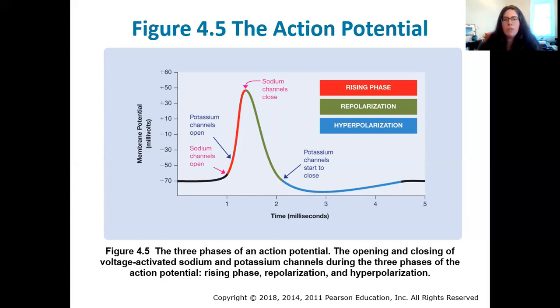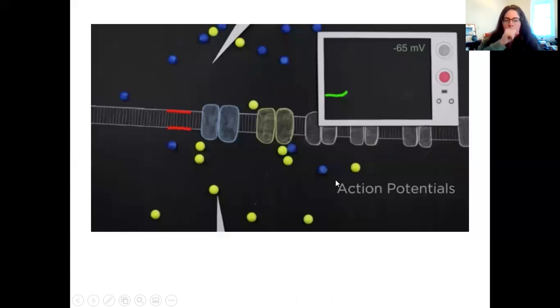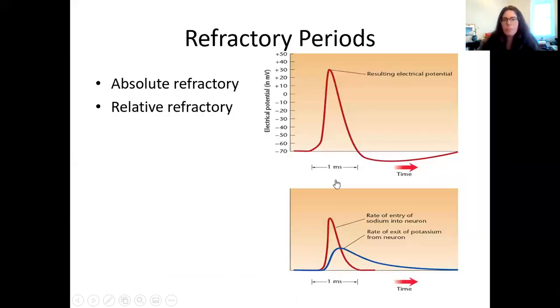This takes a little bit of time. So the cell stays hyperpolarized for a little bit of time. This hyperpolarization of the cell is called the refractory period. And this is an important period of the cell's process.